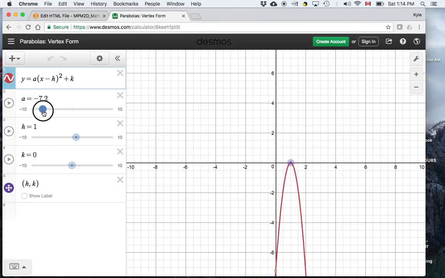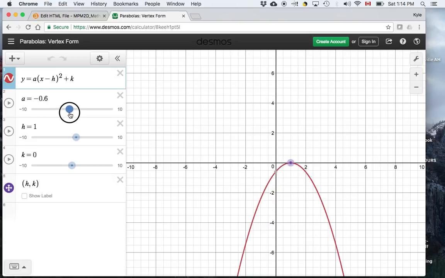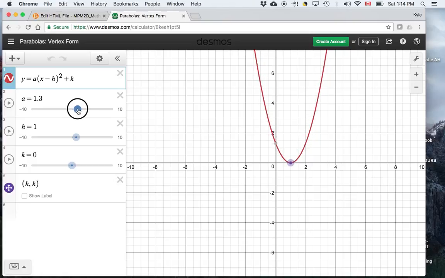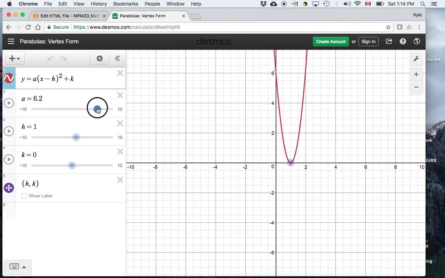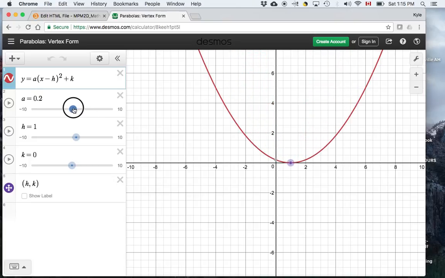So if the a value is negative, we have upside down parabolas that open down. If the a value is positive, the parabola opens up. If the a value is greater than 1, it's a skinnier parabola than our typical y equals x squared parabola. And if the a value is between 0 and 1, then it's a wider parabola.